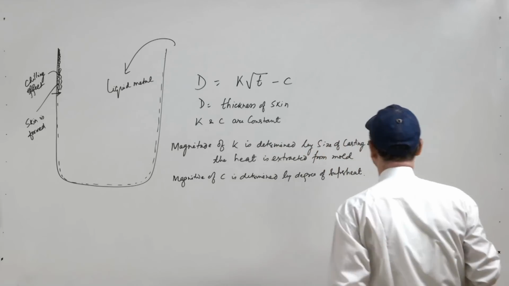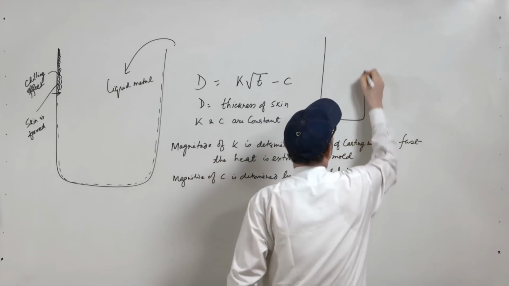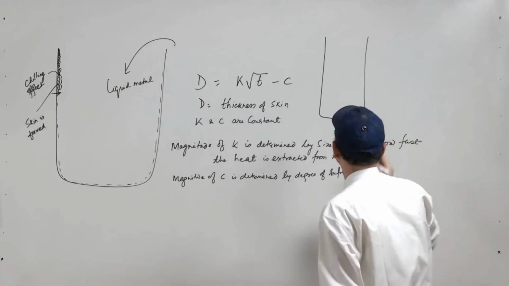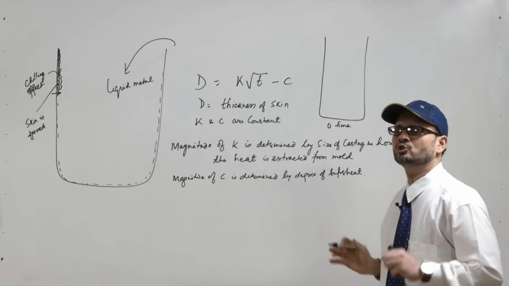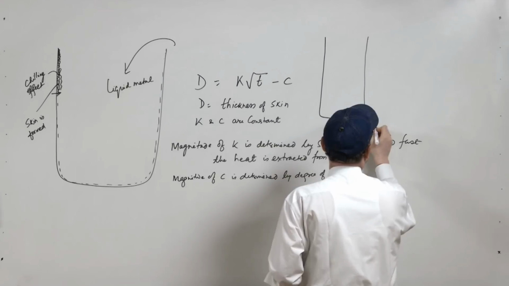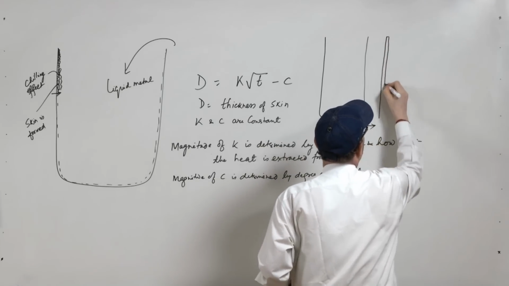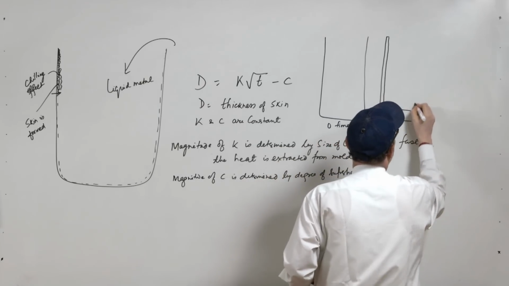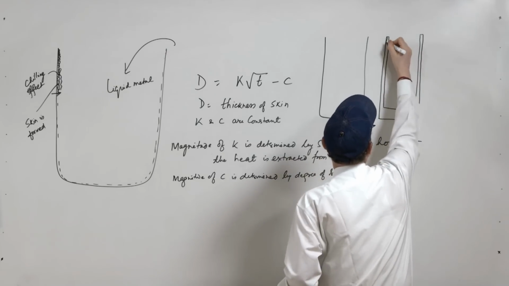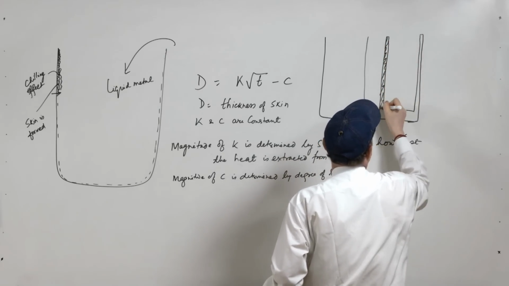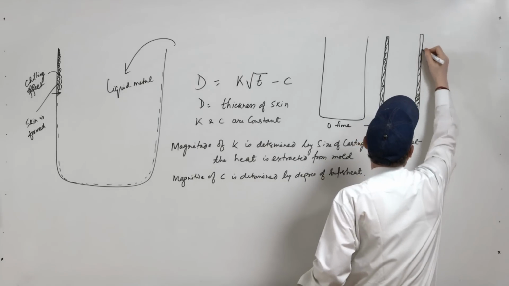And if you look at this, suppose at zero time you have such a structure which is poured into. At further time the solid skin formation will start from both the sides and it will look like this. So, basically this is the solid skin.